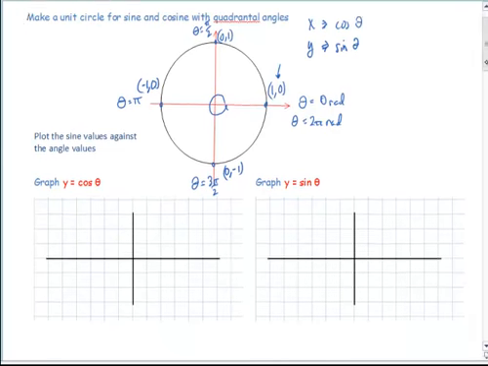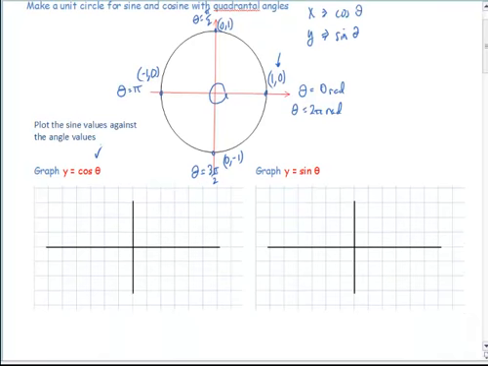So what we're going to do is plot y equals cosine first. Remember, when I say y, that's the y-axis, and this is the theta axis. So we're going to simply plot at each quadrantal value: pi over 2, pi, 3 pi over 2, and 2 pi.